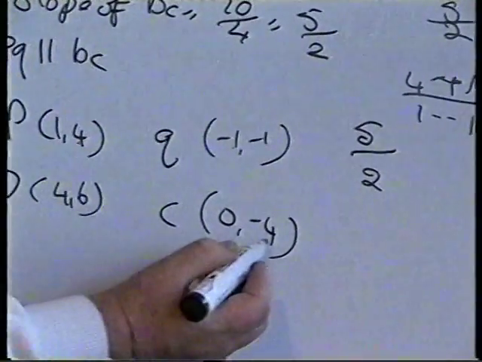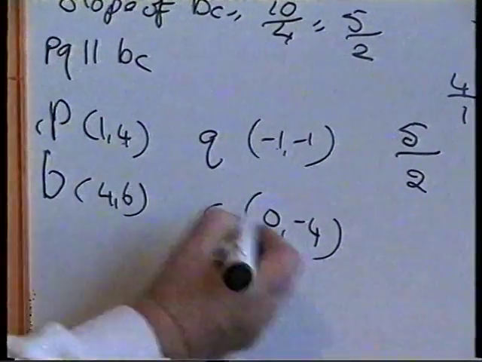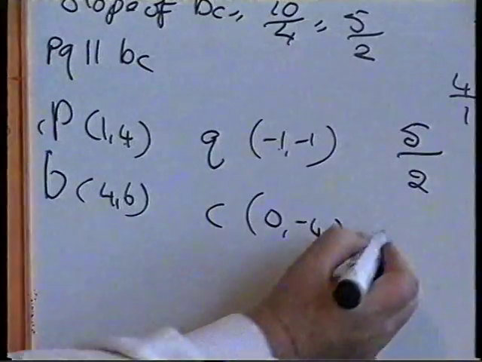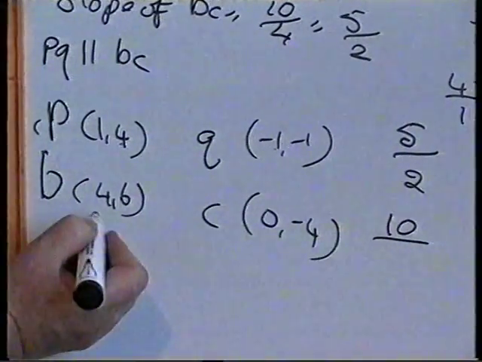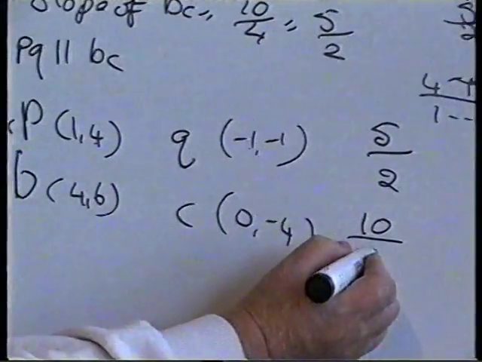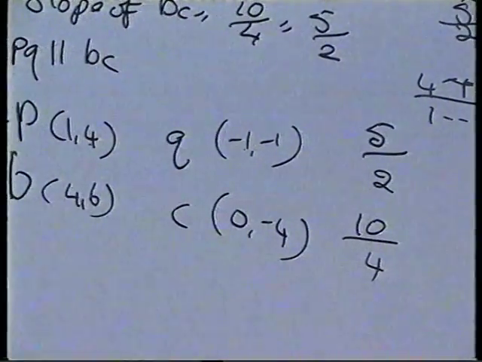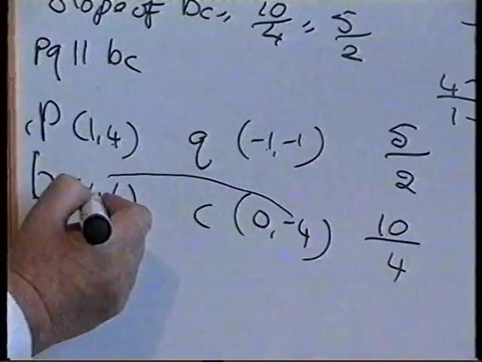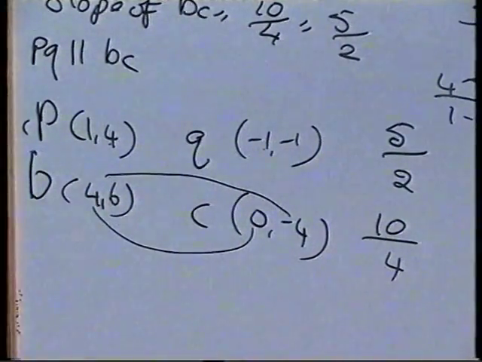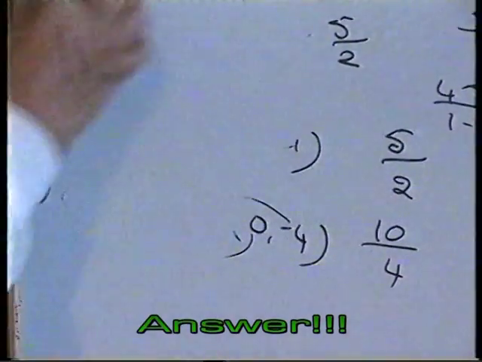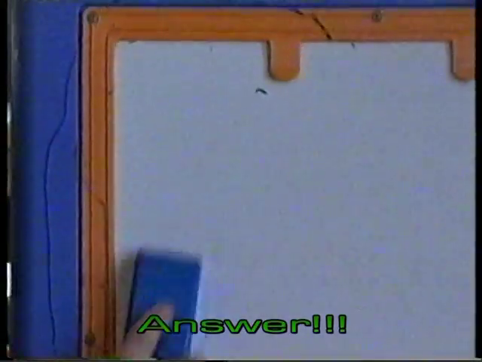Again, 6 minus minus 4 is 6 plus 4. From minus 4 to 6 is 10, and from 0 to 4 is 4. That's the difference of the y's over the difference of the x's. So they're parallel. All of those prove that they are parallel. But do draw them out, do count the squares.